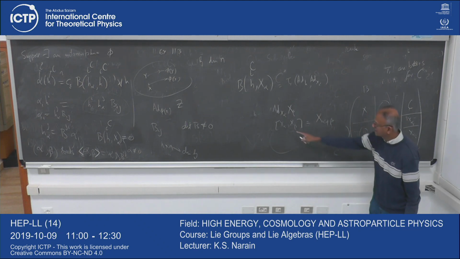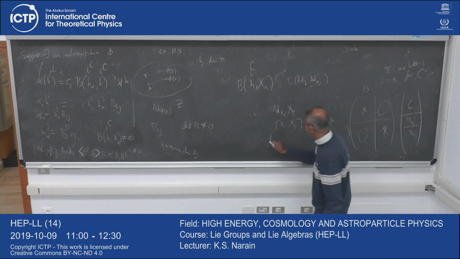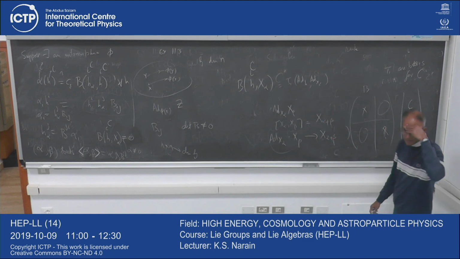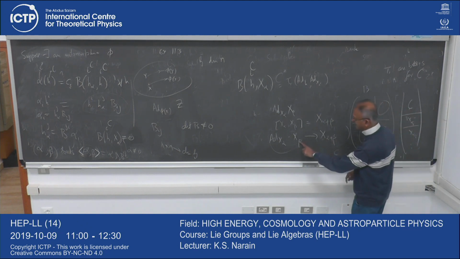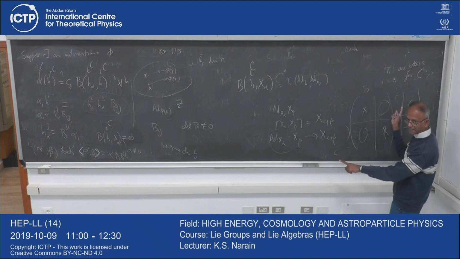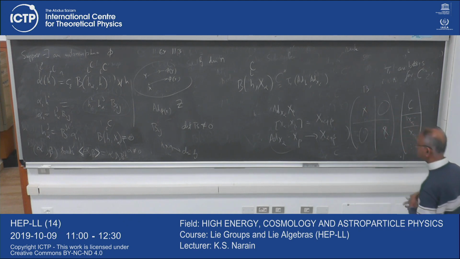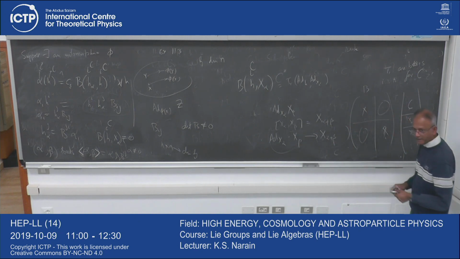That we have seen already, because these eigenvalues are additive when I take the commutator, right? So this tells me that ad x alpha maps x beta to x alpha plus beta. So in particular, if I take beta equal to 0, which is the Cartan, then this will map to x alpha. No, sorry, beta is 0, so ad x alpha will take you to ad x alpha, right?